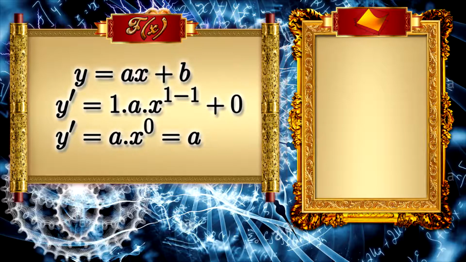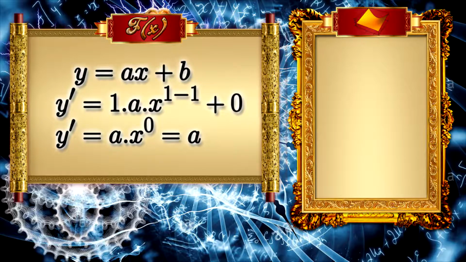Now if we derive this function, we have a times 1 times x raised to 1 minus 1, which is 0. Every number raised to 0 is 1, so the a is left, and the derivative of a constant is 0, so the linear coefficient b becomes 0. The derivative of a line is the value of the angular coefficient of this line.